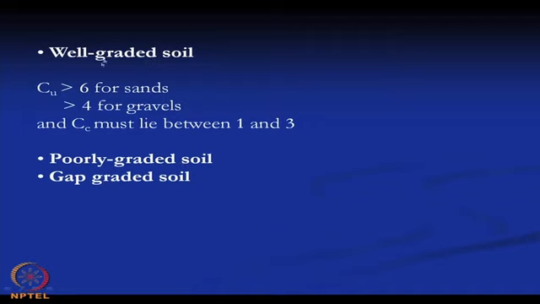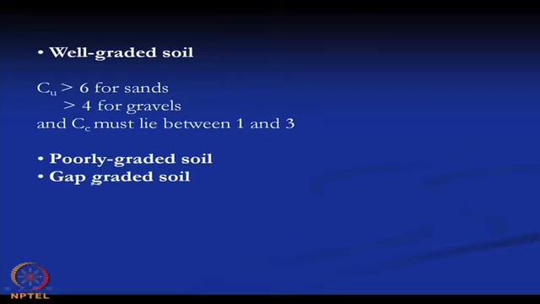A soil is well graded if Cu is greater than 6 for sands and greater than 4 for gravels, and Cc lies between 1 and 3. If it does not satisfy this condition, then that type of soil is called poorly graded soil.